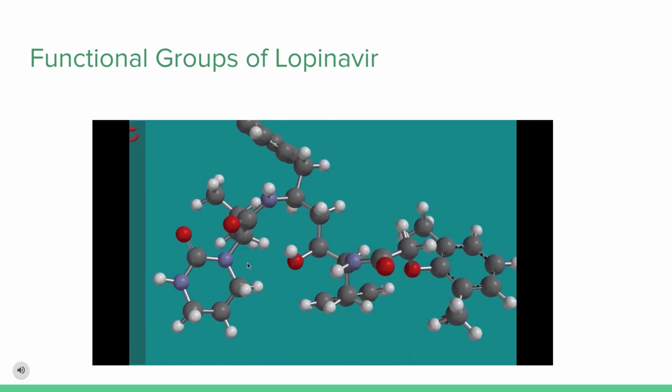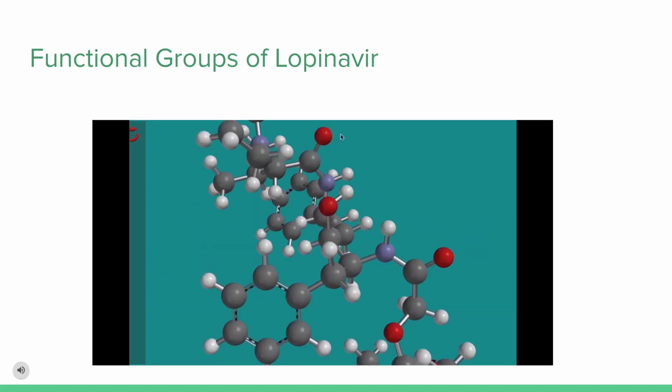So if we look at the molecule closely, we can see our first functional group, which is the pyrimidine derivative. The next functional group, we have the amide right there.